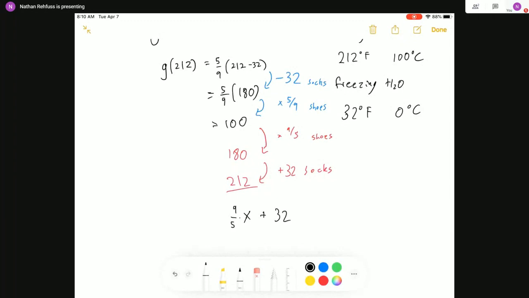So those are the two steps that undo g, so I'm going to say this is called g inverse of x. And the important thing is, the way I'm understanding this is g inverse undoes g. That's what makes an inverse function an inverse function. That's the characteristic that we're interested in here, that they undo each other.